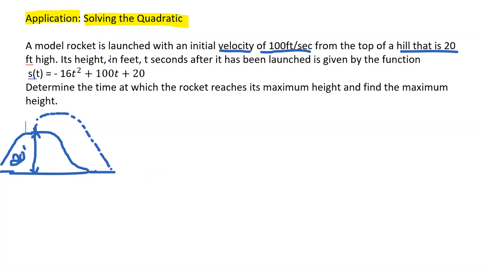Okay? And it says its height in feet, t seconds after it has been launched, we get this function. Okay? And it says determine the time at which the rocket reaches the maximum height and the maximum height again.